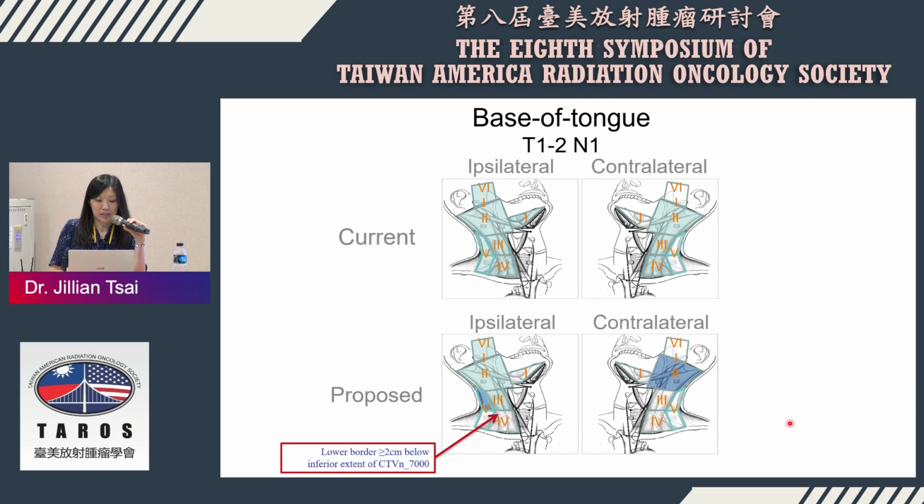And then if it's a T1, T2, N1 patient, then you would treat a high RP and then levels 2, 3. And then contralateral, if there's no lymph node, still just one level. And the same for T3 N1. Okay, so these are the same algorithms.